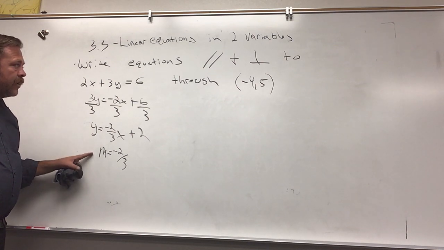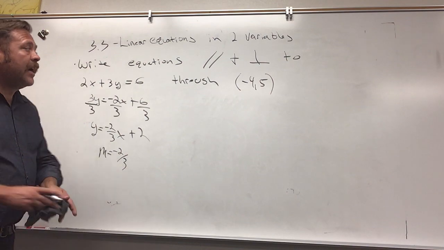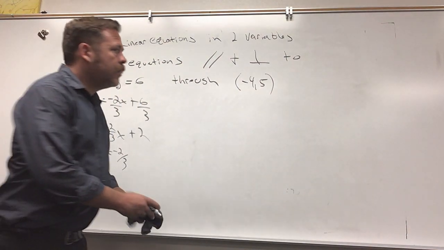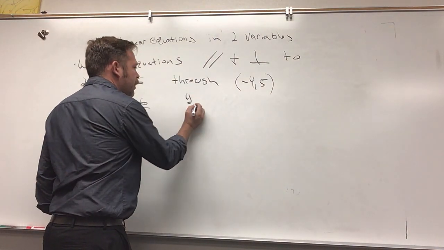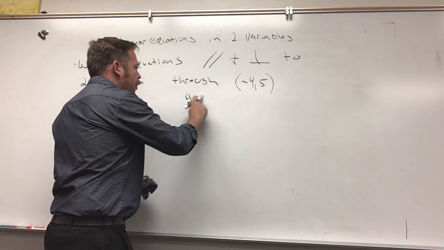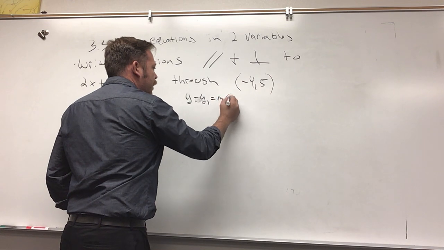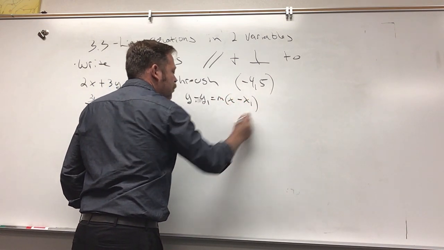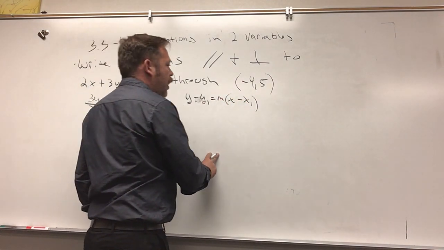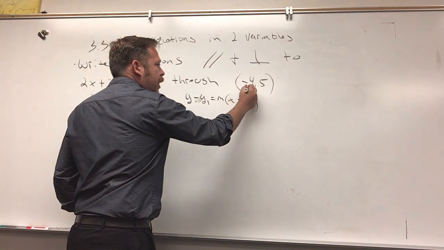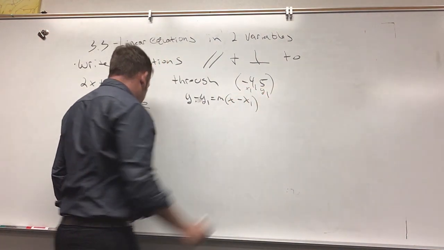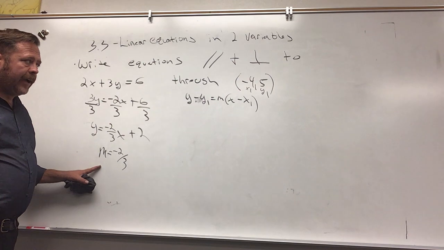That means that the slope of our parallel line is going to be negative 2/3, but it has to go through this point. So we're going to use y minus y1 equals m times x minus x1. And we're going to use this for x1 and y1, and our m is right here, okay?